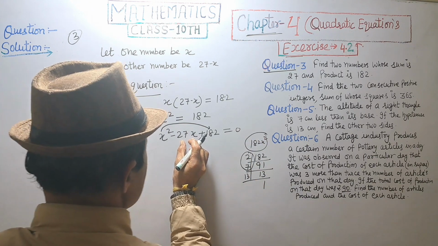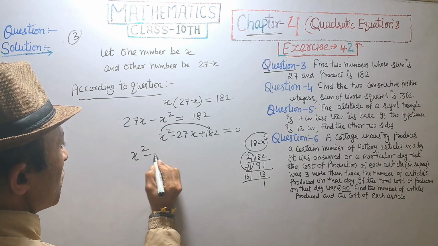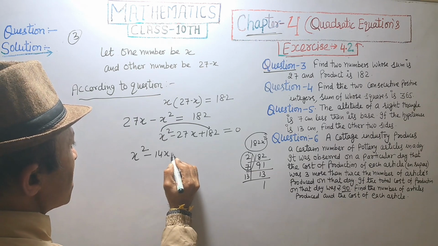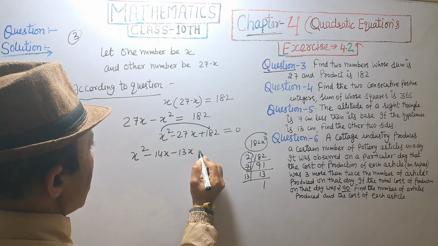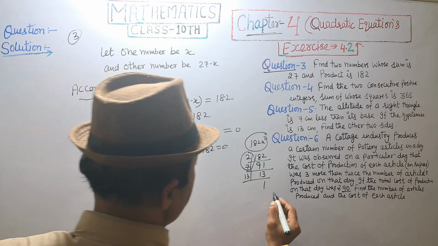We are splitting minus 27x: x raised to power 2 minus 14x minus 13x plus 182 equal to 0.